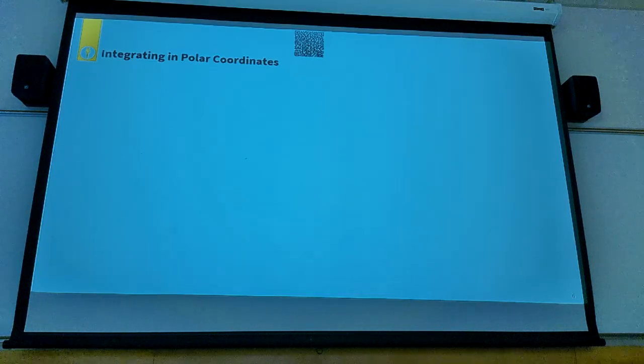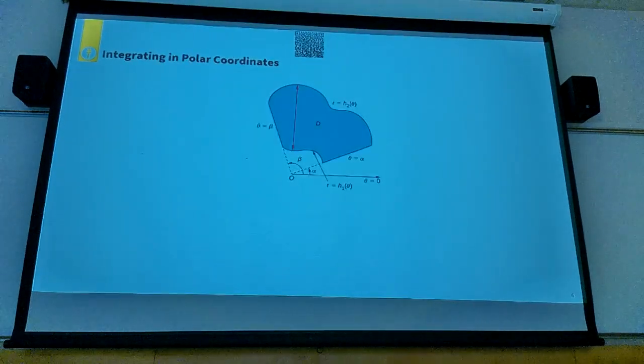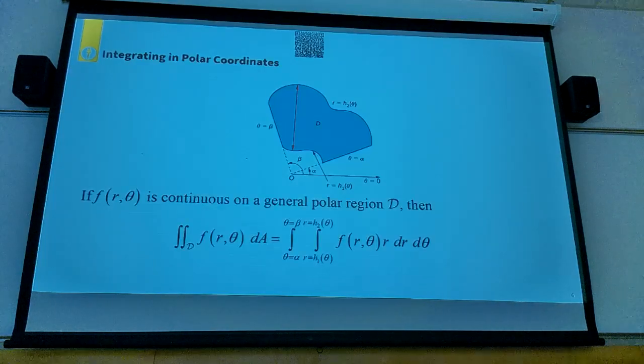All right, let's say we have a polar region, polar region D. Integrating your function over the polar region, dA, the integral from alpha to beta of the integral, h1 of theta to h2 of theta, of your function, but now notice what dA becomes. It's not dr d theta, it's r dr d theta.